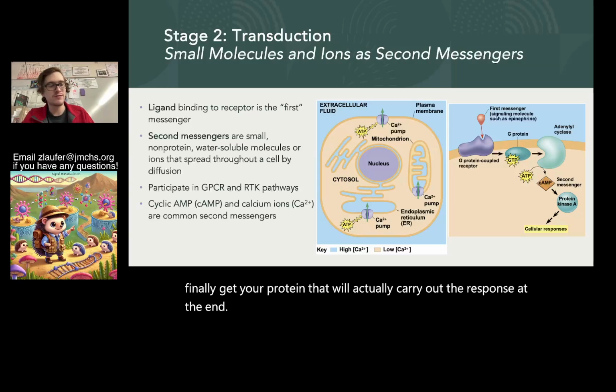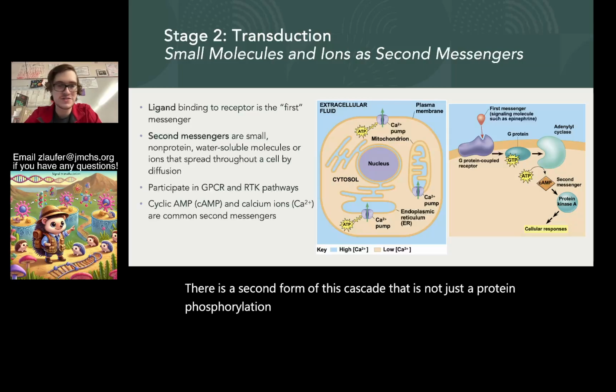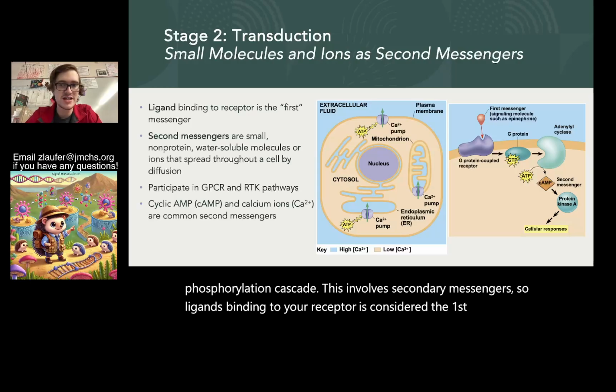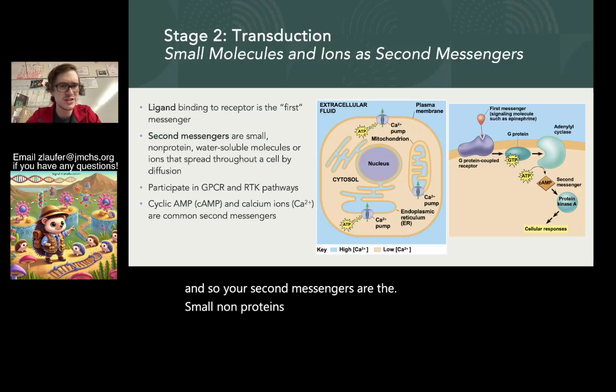There is a second form of this cascade that is not just a protein phosphorylation cascade. This involves secondary messengers. So ligands binding to your receptor is considered the first messenger. And so your second messengers are these small non-proteins. Importantly, they are not proteins, but they are water-soluble or some form of an ion.